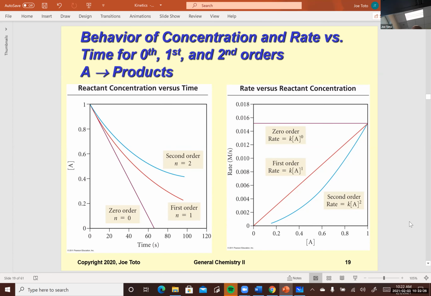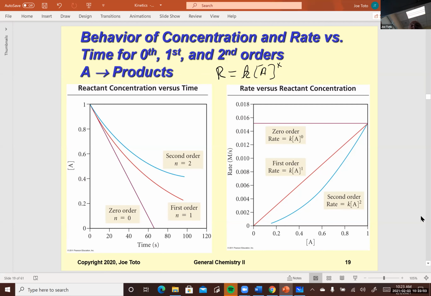I'd like to do that in a little bit. Here, it kind of helps you visually see what it means to have these different 0th, 1st, and 2nd order effects on rate. So it's a nice picture, and hopefully it'll help you understand a little better about what's going on. So these rate laws, remember, they're going to take the form of the reaction.